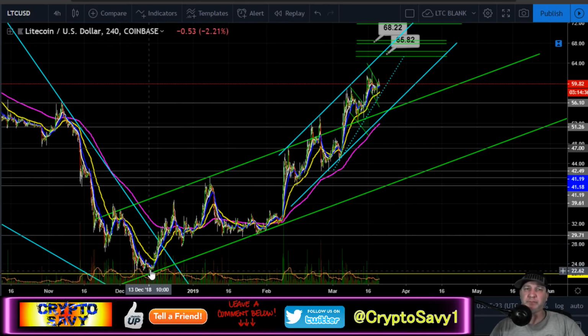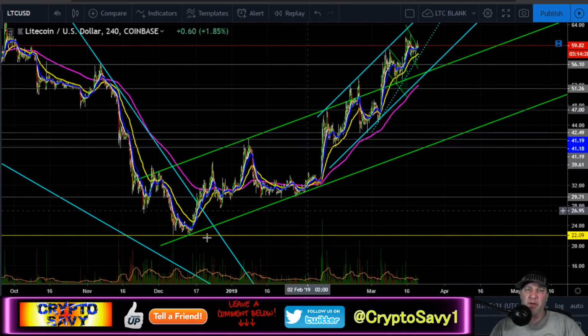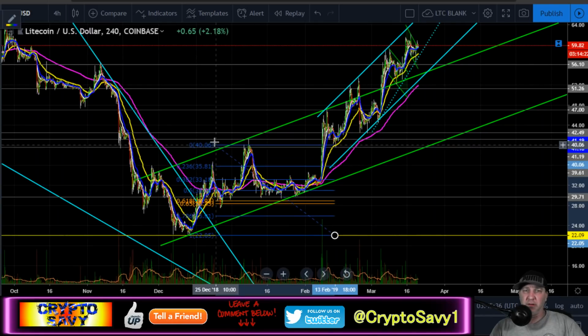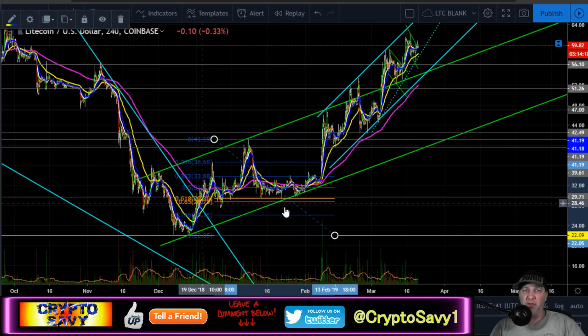But anyways, I'd measure this as a wave one, wave two, and wave three. If we measured this as a wave one, we would measure the bottom to the swing high. And as you can see, we came down right into the golden ratio, or the golden pocket, whichever you want to call it, which is between the 0.618 and the 0.65 range.